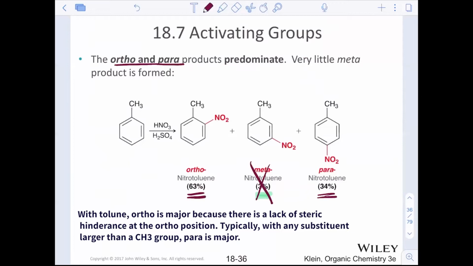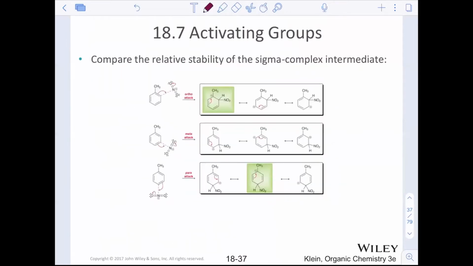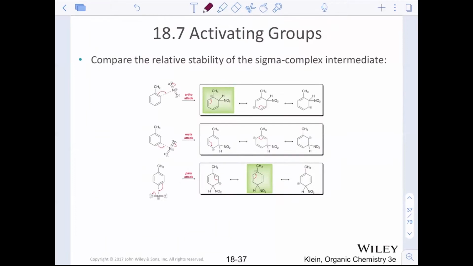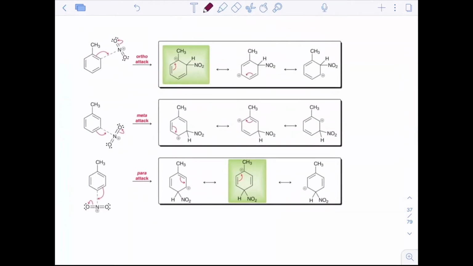So why, you may ask? That's a great question. Let's look at each of the options, the ortho attack, the meta attack, and the para attack, specifically focusing on the sigma complexes.